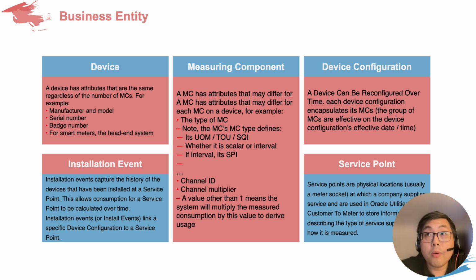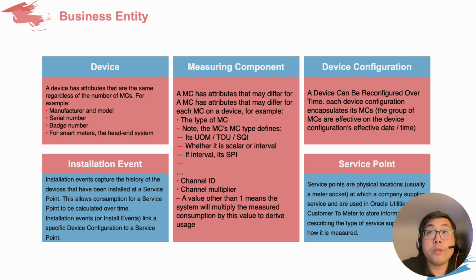Why is that important? Because a lot of the usage rules would actually look at installation events. For example, if you are billing for a quarterly bill, January, February, and March, and you have a meter exchange in February, you would actually have two installation events.